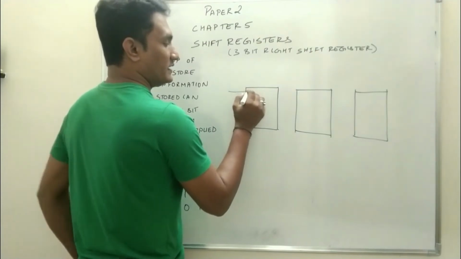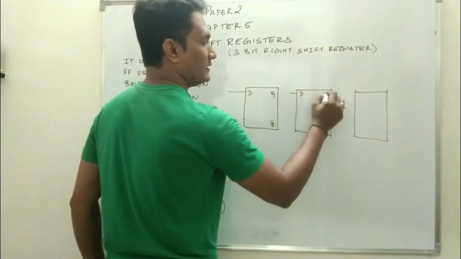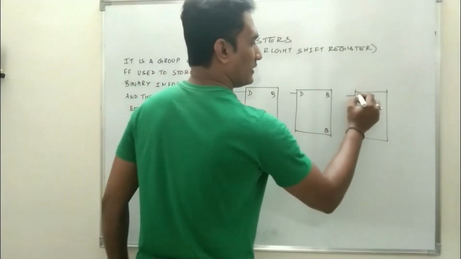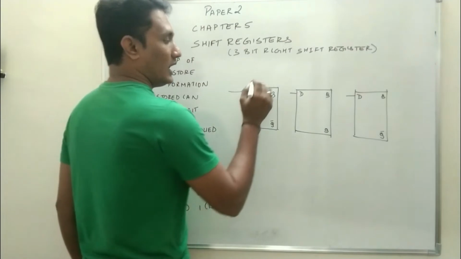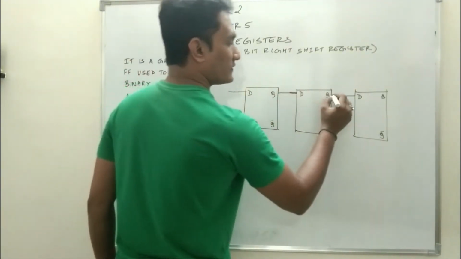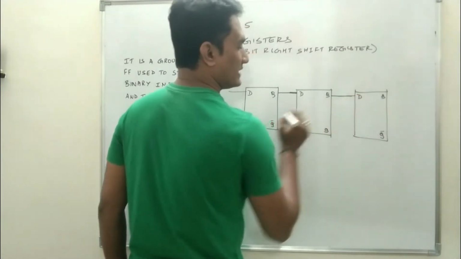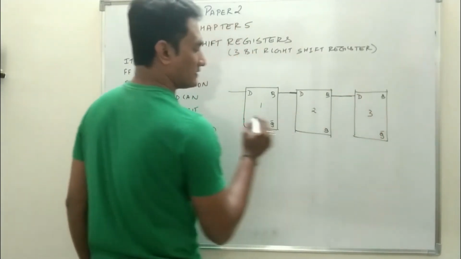This is the first: D, Q, Q bar; second: D, Q, Q bar; third: D, Q and Q bar. Now the output of the first is directly connected to the input of the second. Output of the second is directly connected to the input of the third. So this is first, this is second, this is third.